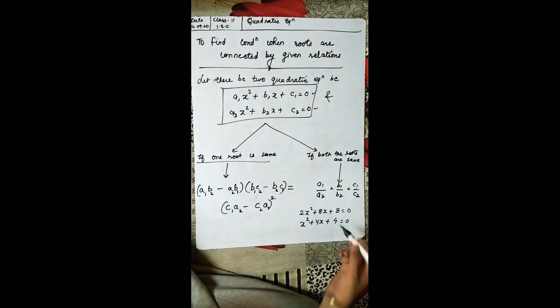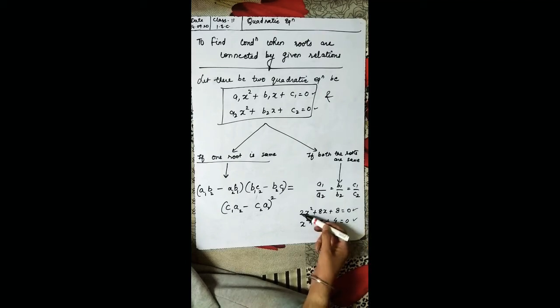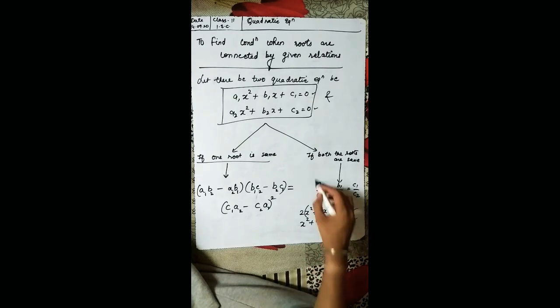You will get the same roots for these two equations even though they are different equations. And if you take 2 common from the first quadratic equation, you will get the same quadratic equation as this one. So if two quadratic equations have the same roots, then this condition exists.